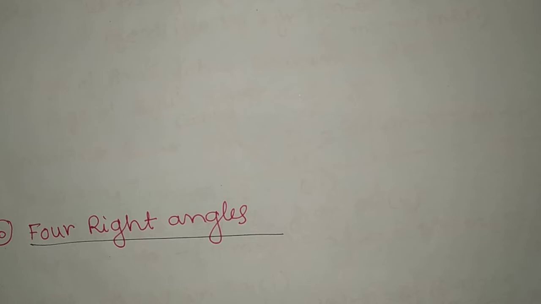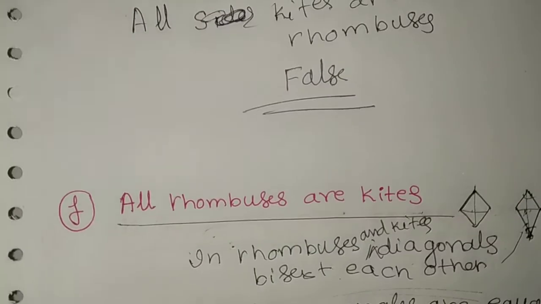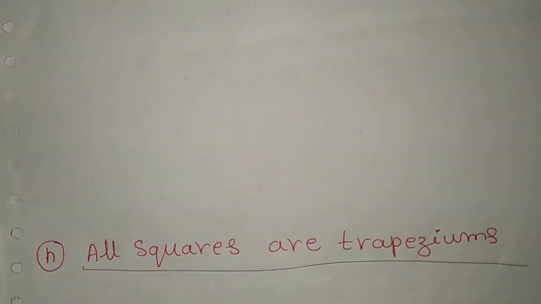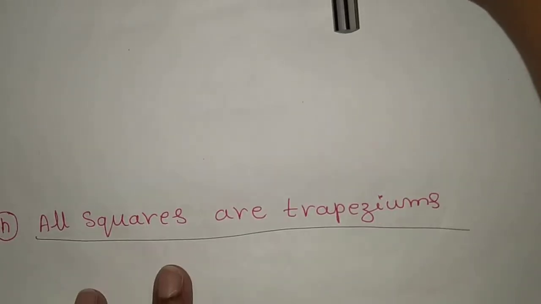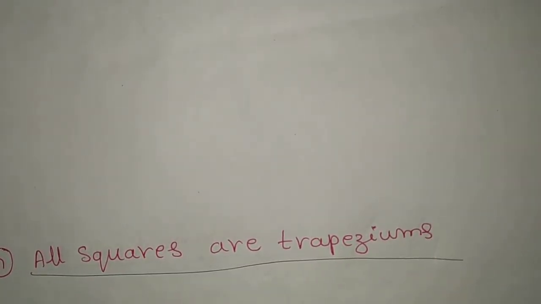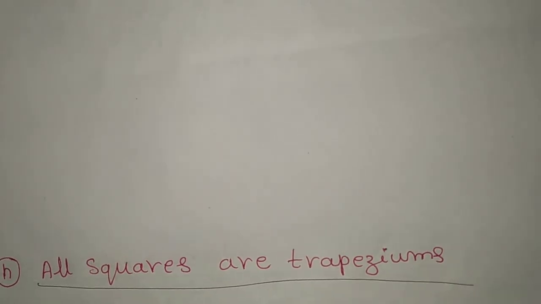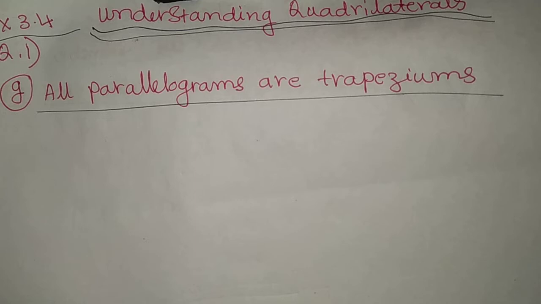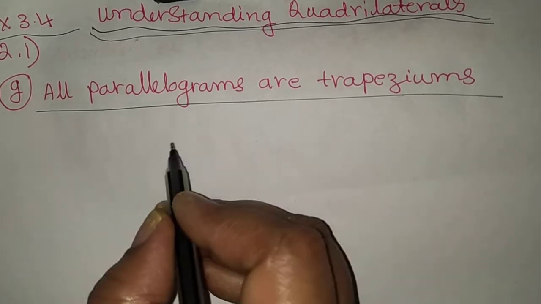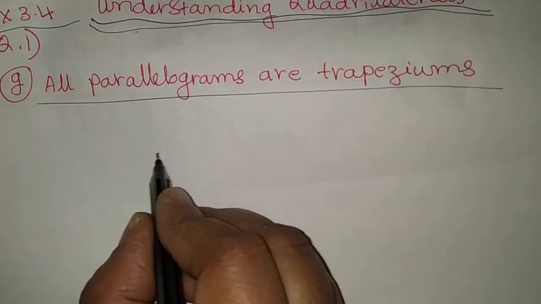So we move on to the next question. Some more is there. G is there. For this one, G, two points are left out. All parallelograms are trapezium.